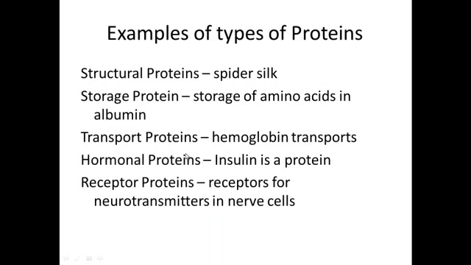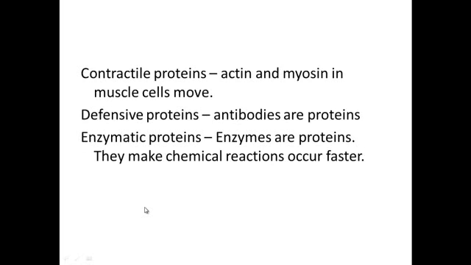There's lots of different types of proteins that can be found in your body. Anything from structural proteins like spider silk, storage proteins like egg white or albumin, transport proteins like hemoglobin carrying oxygen, hormonal proteins like insulin or estrogen, receptor proteins that receive neurotransmitters in your nerve cells, contractile proteins like actin and myosin in your muscle cells.